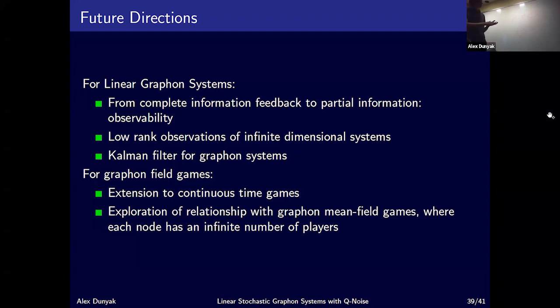And finally, for graphon field games, we're going to try to extend them to continuous time games, like in the standard graphon mean field games setup. And we're going to explore the relationship between graphon field games and graphon mean field games, and in particular, the actual impact of having an infinite number of players at each node on the behavior of the system.